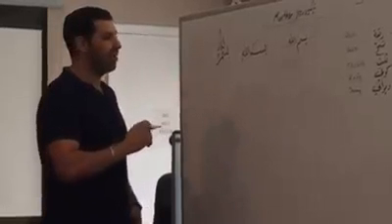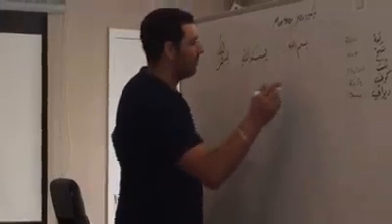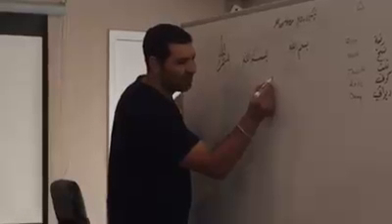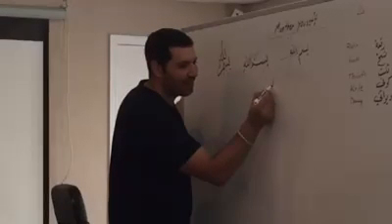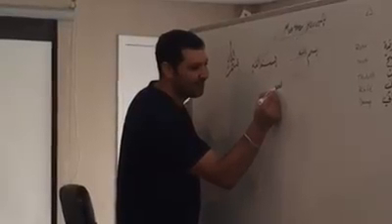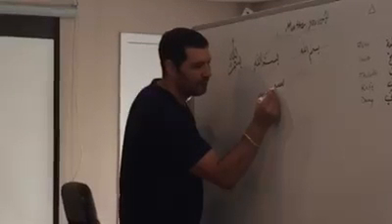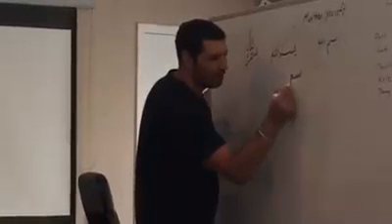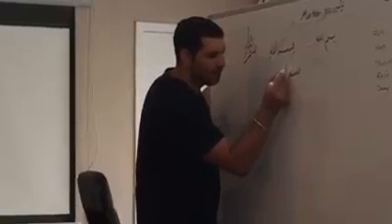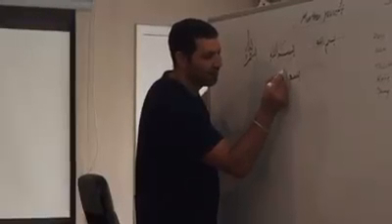So that's the thuluth. Kufi, just like we said, is like using a ruler, which I don't have now. It's not going to come out as nice as I expected. It's basically straight lines.